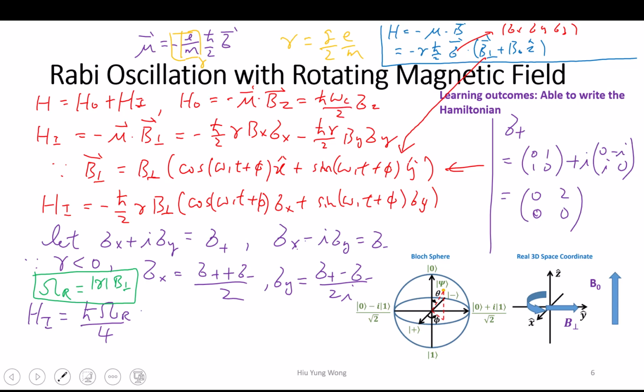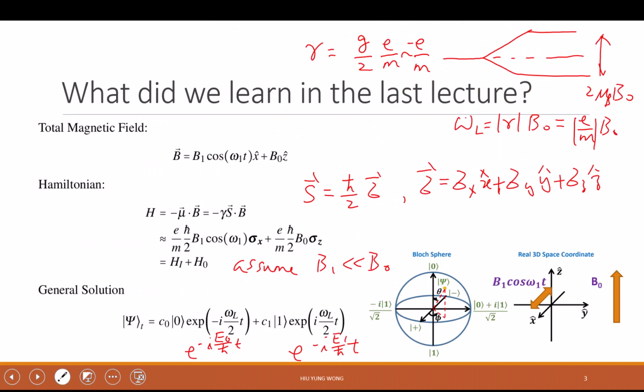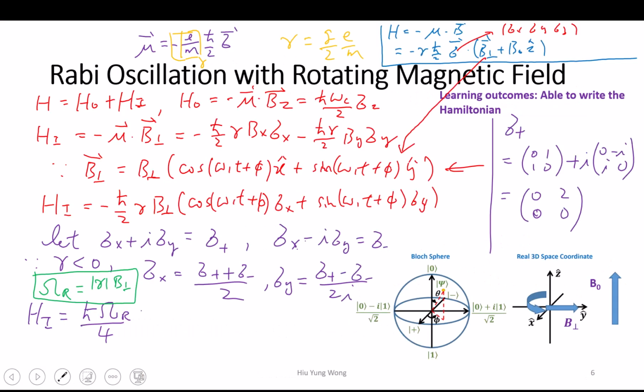This is the Hamiltonian. Let me see if we have this here, which is this one. Gamma B0 is omega L, right? So h bar omega L divided by 2, right? So that is just what we were using earlier, okay? Now for this one, we just do the dot products.